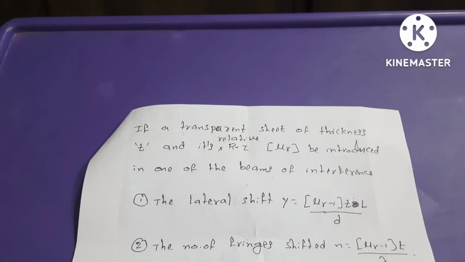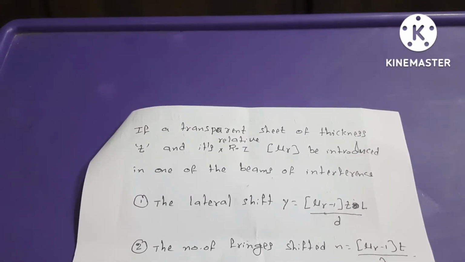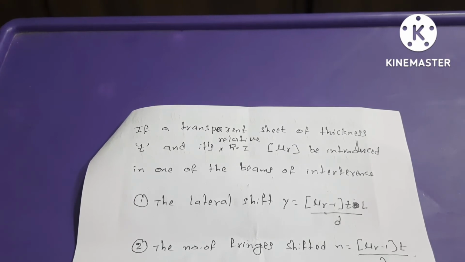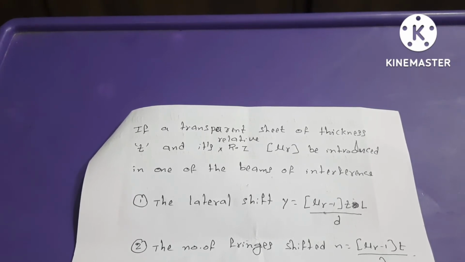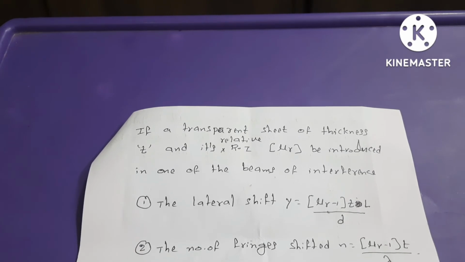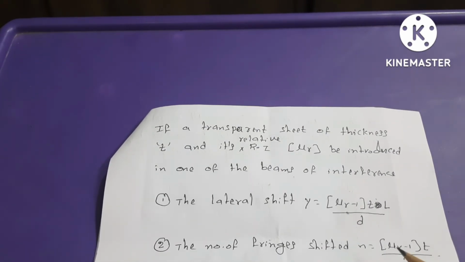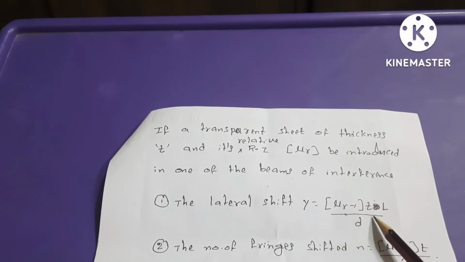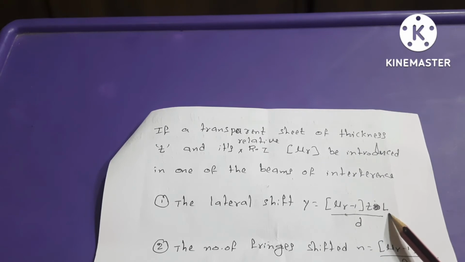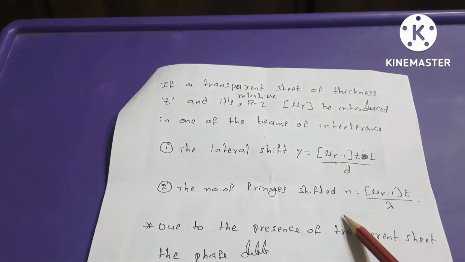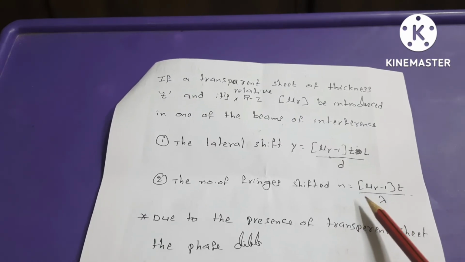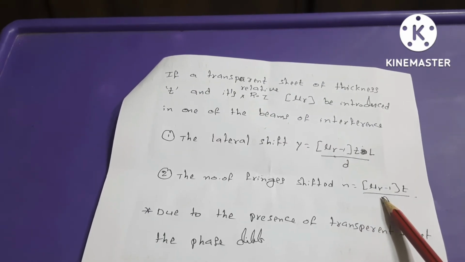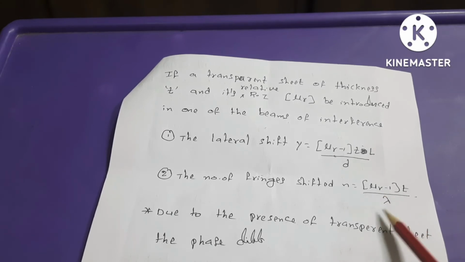If a transparent sheet of thickness T and relative refractive index mu r is introduced in one of the beams of the interference, then the lateral shift, you have to remember this formula: y equals (mu r, relative refractive index, minus 1) into T into L by D, where L is the distance between the screen and the coherent sources, and D is the distance between the coherent sources. Then the number of fringes shifted, in terms of relative refractive index, n equals (mu r minus 1) into T by lambda.